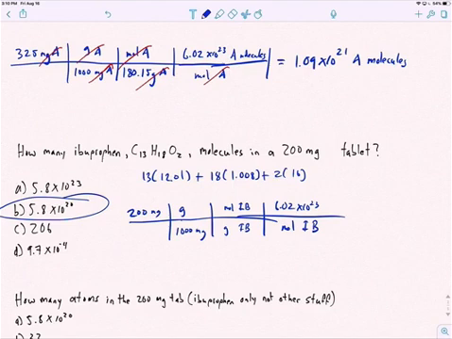So how many ibuprofen molecules are in a 200 milligram tablet? Looking at this, D is wrong because you can't have less than a molecule. A molecule is a whole number and you cannot have a fraction of a molecule. So D is wrong. C is also out. That's too small, right? You looked at the previous example of aspirin, which was 10 to the 21 molecules.